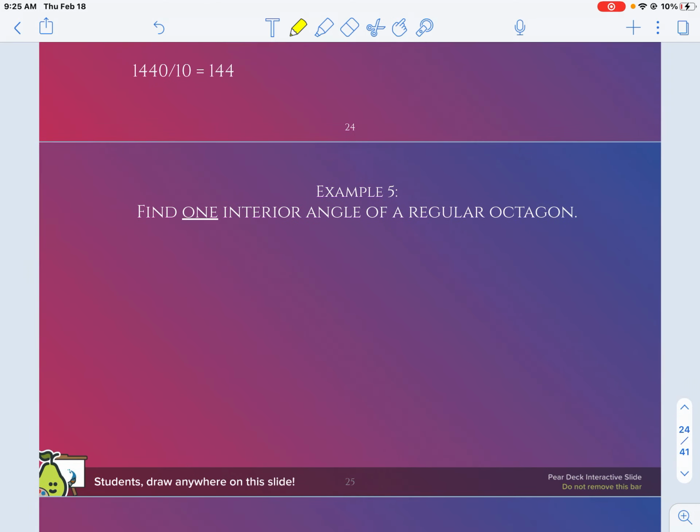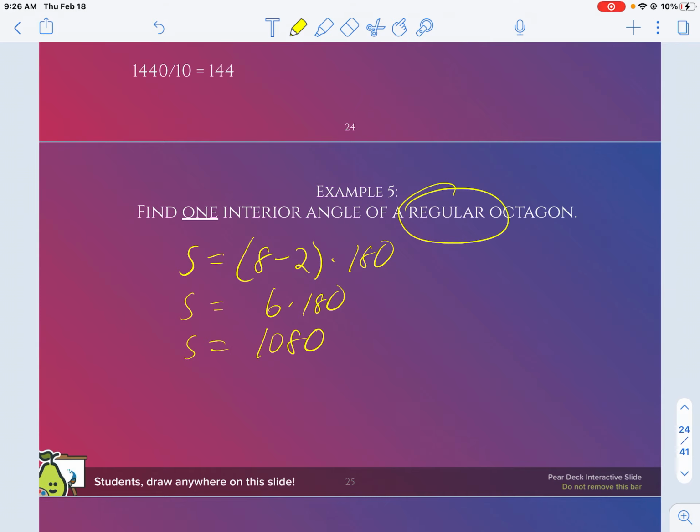Okay, now give this one a try. Find one interior angle of a regular octagon. So again, we need the sum. The sum of all the angles in an octagon is 1080, but it's regular, so all the angles are the same.